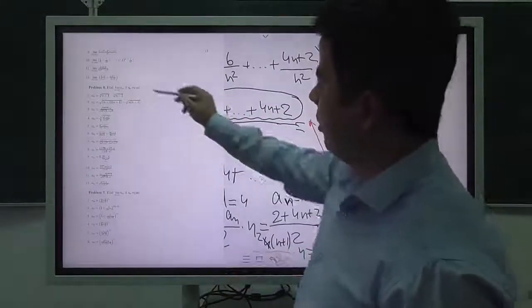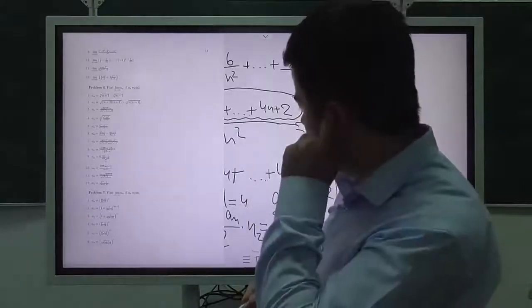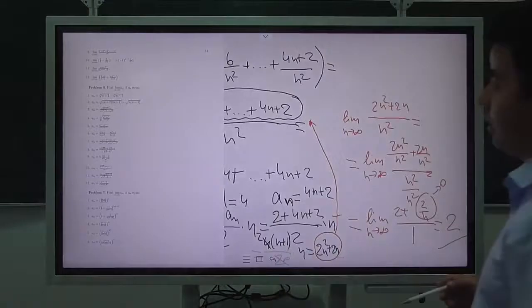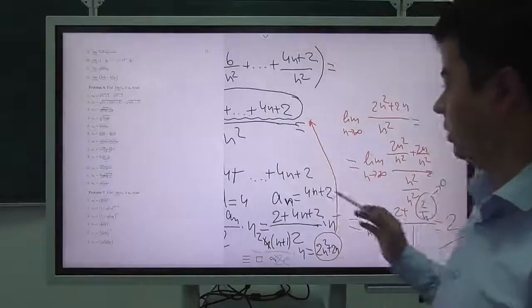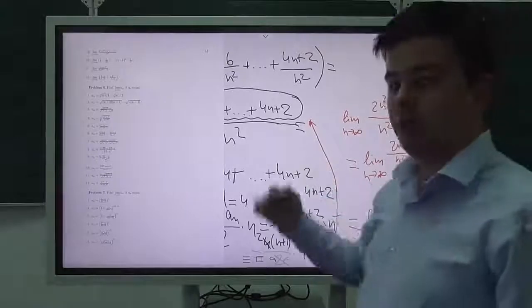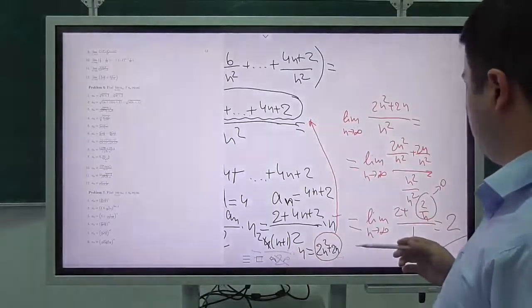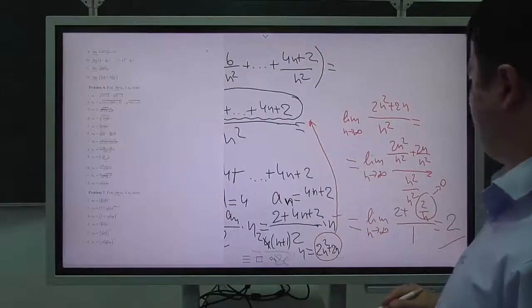Find the limits again. Try to find these limits, and next time we'll continue the topic of numerical sequences, especially limits of numerical sequences, and we will do other ones. Goodbye.